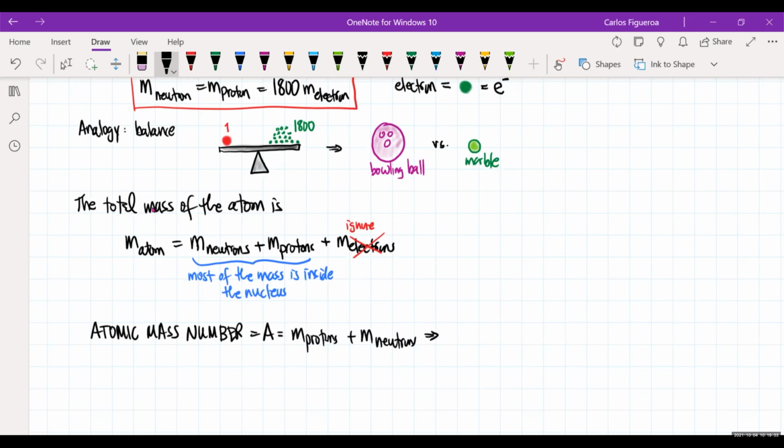This tells us how many protons and neutrons are in the nucleus.